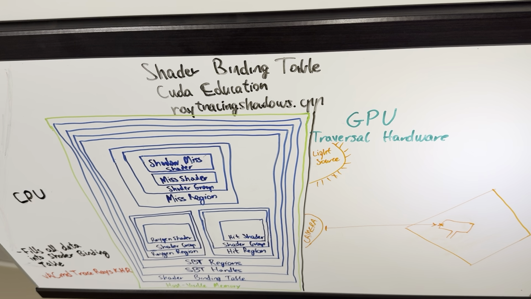What part of the shader binding table is activated with this? What part of the shader binding table is activated with that hit?